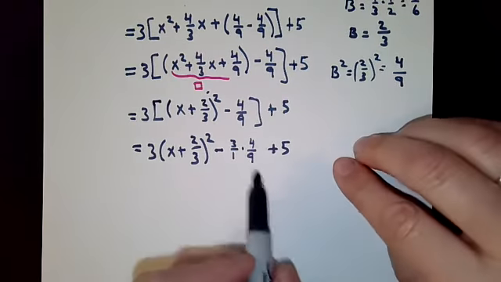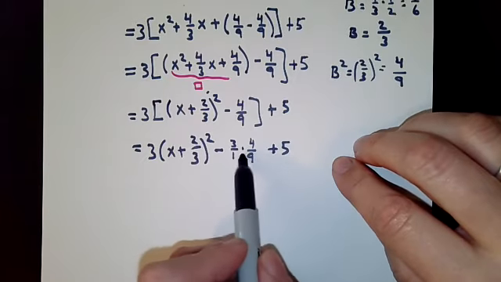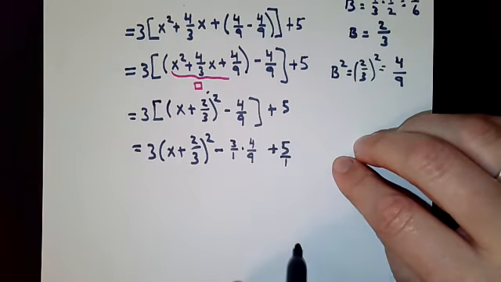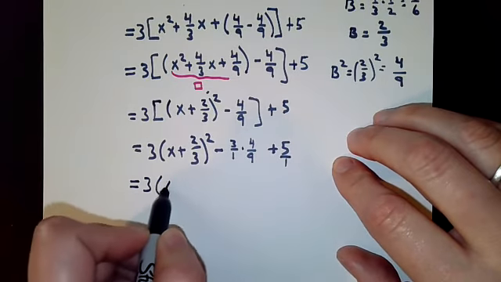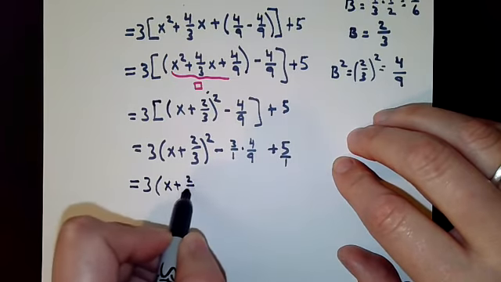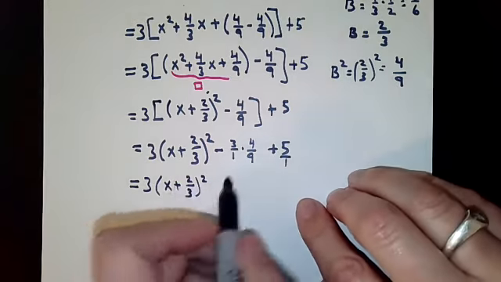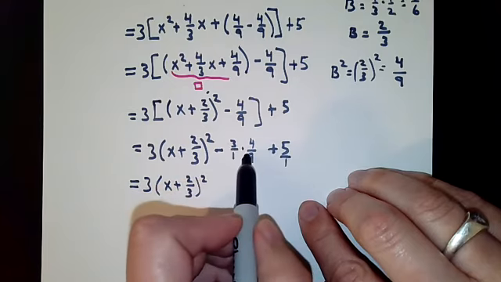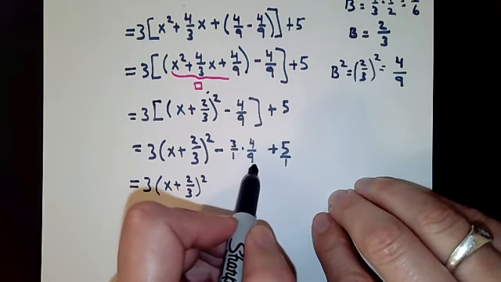Now we're going to have to end up combining these. This stuff is going to be a fraction, so we want to think of the 5 as a 5/1. All right, so in getting this, multiplying this, we're going to be multiplying by 3 and dividing by 9.